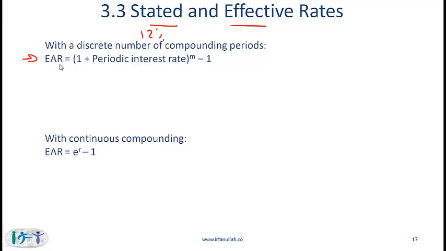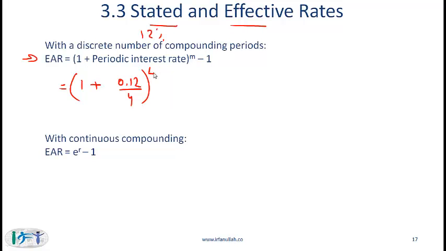The effective annual rate is equal to 1 plus the period rate. Let's say that we are doing quarterly compounding. Then the periodic interest rate is equal to 12, which is 0.12 divided by 4. So that would mean that the periodic rate is 0.03 or 3%. We raise this to the power of m, that's the number of periods in a year.